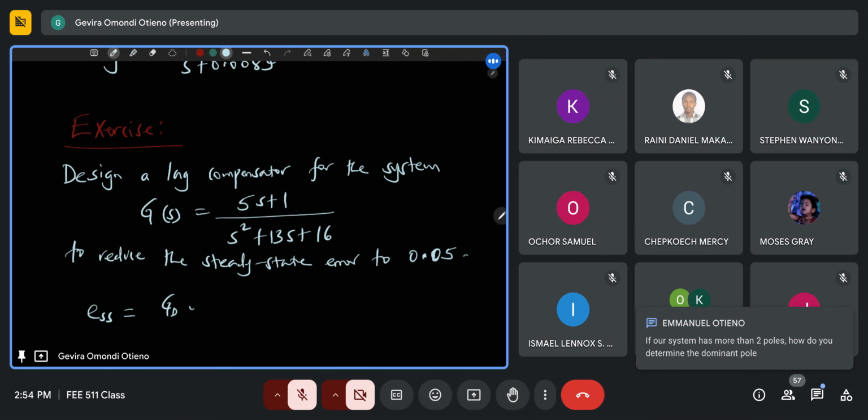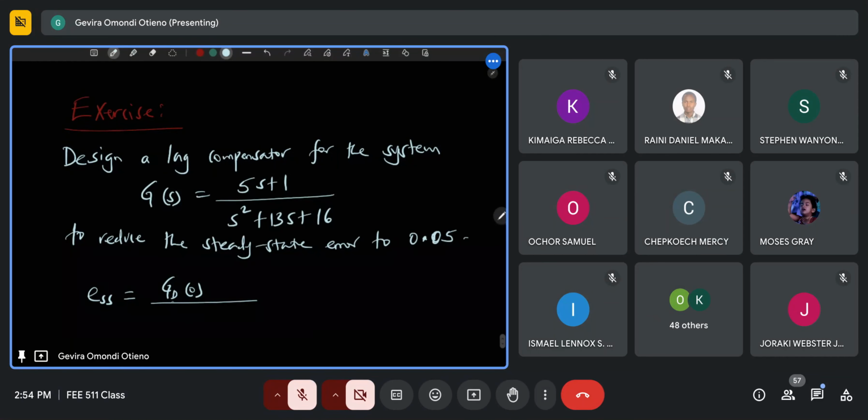We said that was GD of 0. I'm only trying to see what the steady state error is: GD(0) over GD(0) plus GN(0), so that I make sure 0.05 is reliable information. GD(0) is going to be 16, over 16 plus GN(0), which should be 1. So that's going to be 16 over 17.